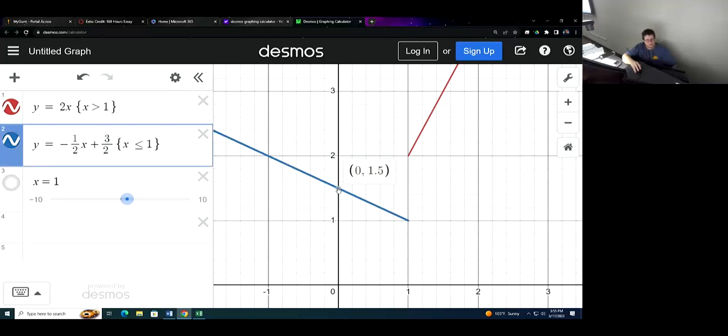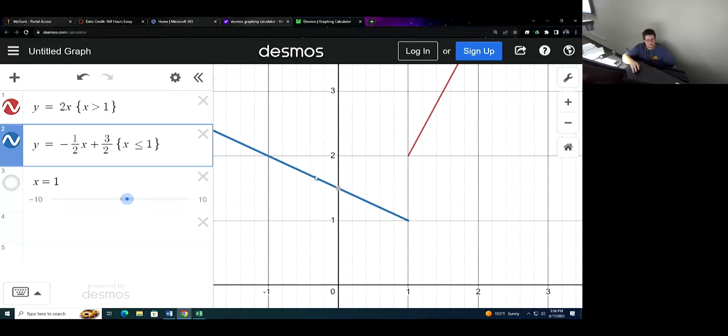Right there is y equals 1 1/2, sorry. So I can see as I come this direction, those values are dropping down to 1.